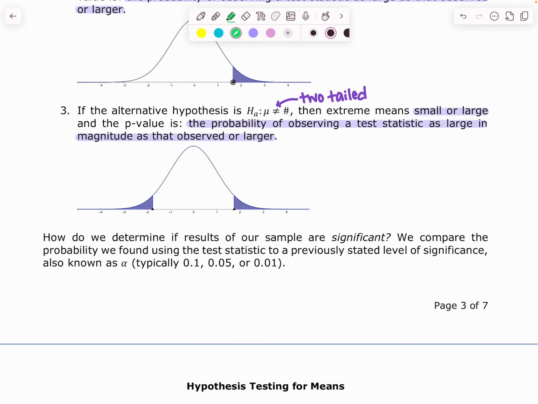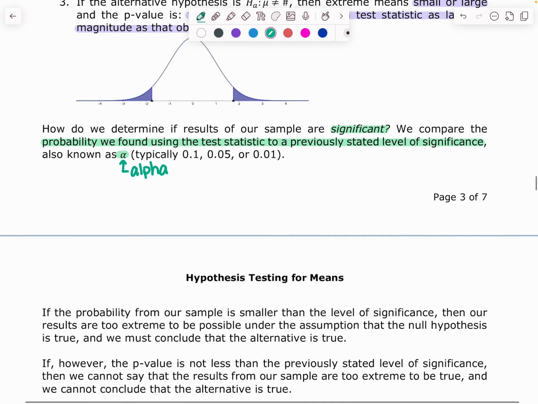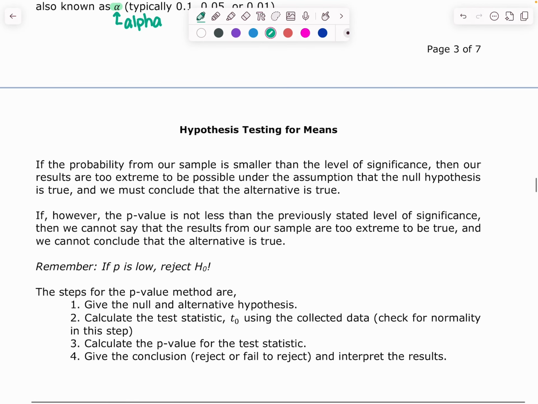We determine if these results are significant by comparing the probability we found to a level of significance, also known as alpha. If our p-value, our probability, is less than our level of significance, then the results are too extreme to be possible, and we conclude that the alternative is true.